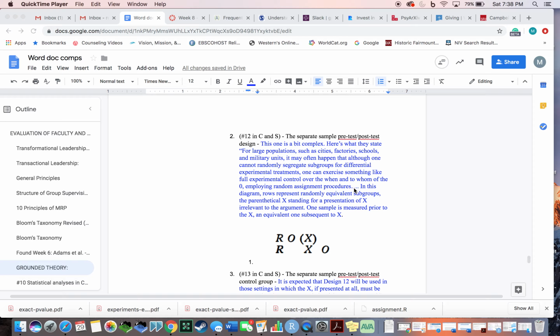Okay. So the way that you do this is you randomize people into two groups. All right. So we have our randomization here. If they're part of a school, we're hoping that those two groups are somewhat equivalent, even though they're separate samples. Okay.